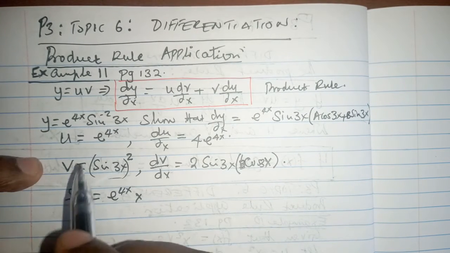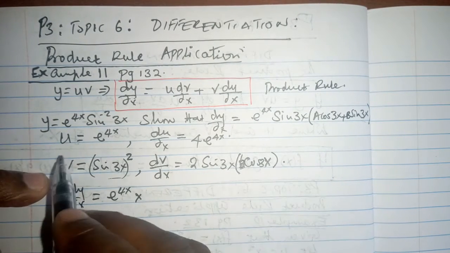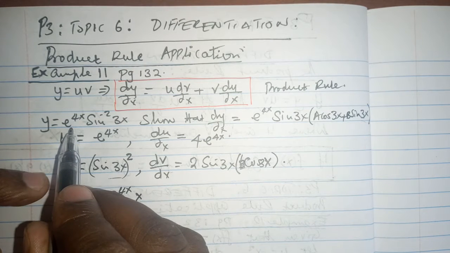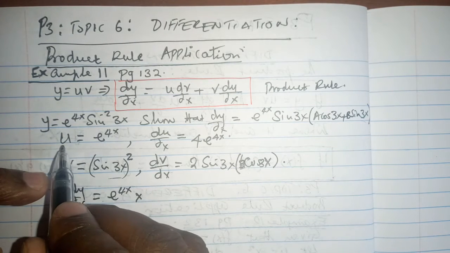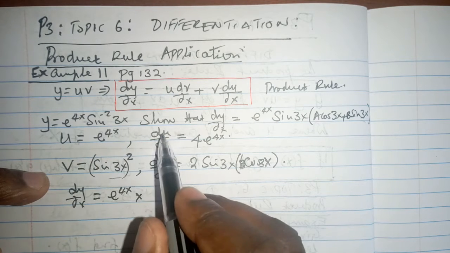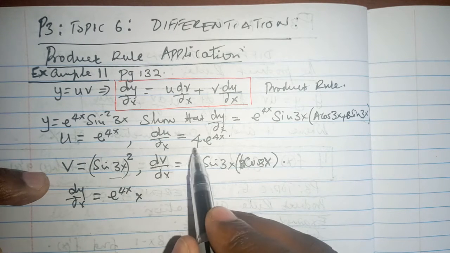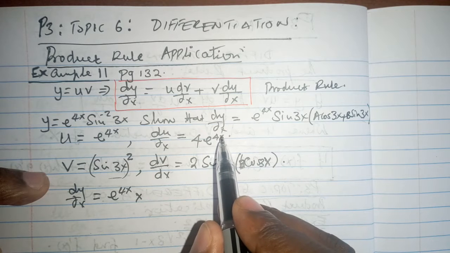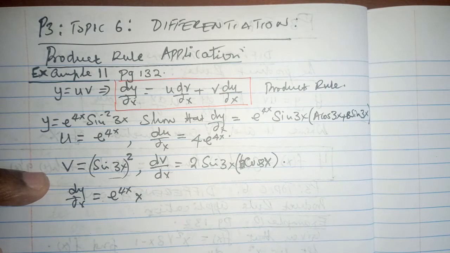Well, I have outlined what could be our u. You can see this is one term multiplied by another one. Our u is e raised to the power 4x, and du dx is 4 e raised to the power 4x.